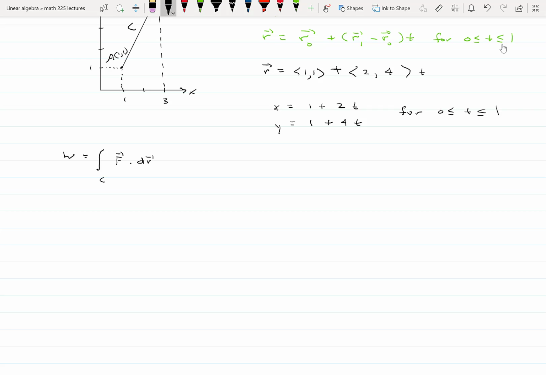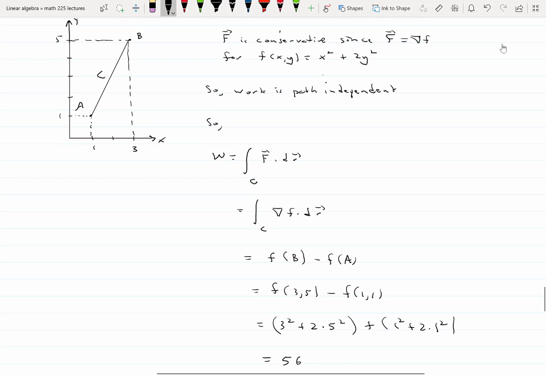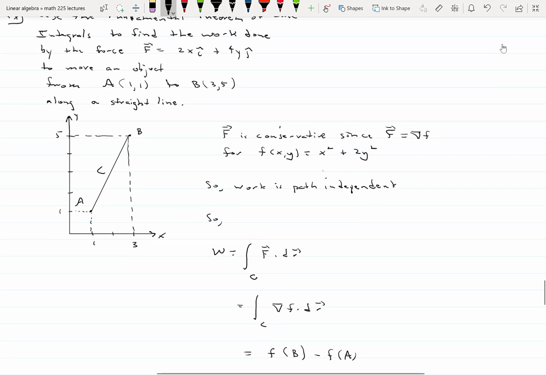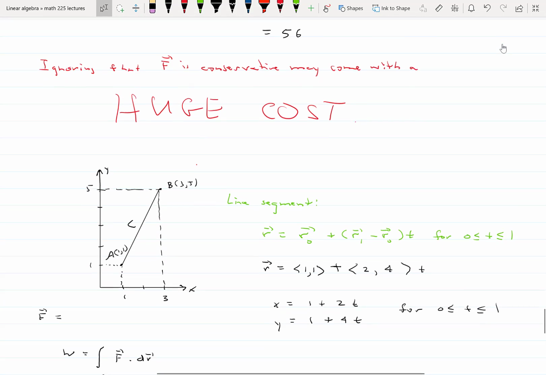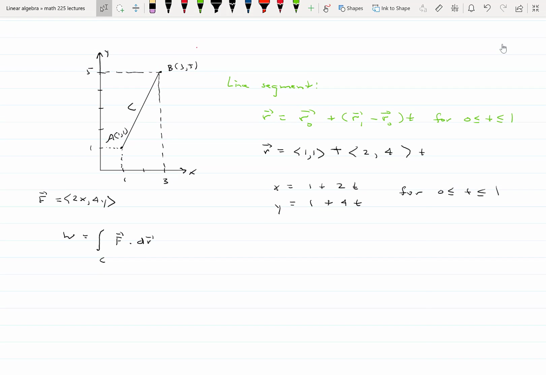Well, the force function was, I already forgot, 2x and 4y. So the components are 2x and 4y. How do we evaluate a line integral?